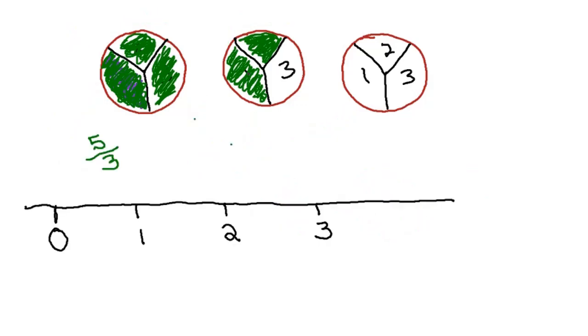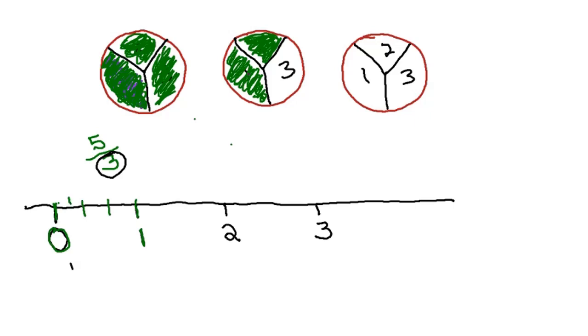Now let's plot this on the number line. 5/3 on the number line. Well, just like we divided the pizza into 3 pieces each, we're going to divide each number into 3 pieces. So between the 0 and the 1, here's the 0 and the 1, we're going to divide this section into 3 even pieces.